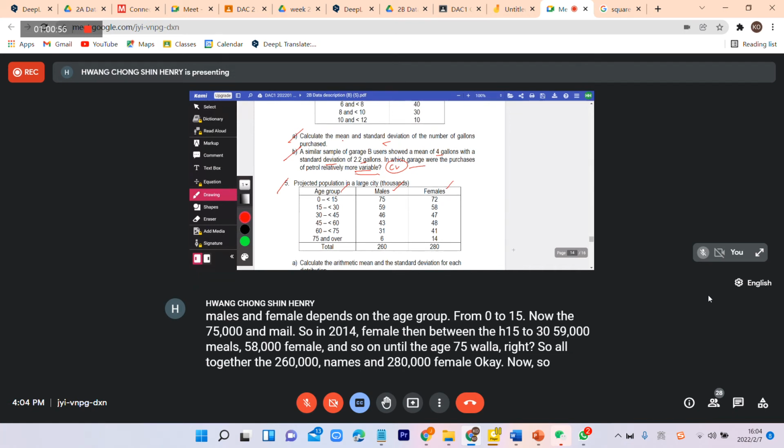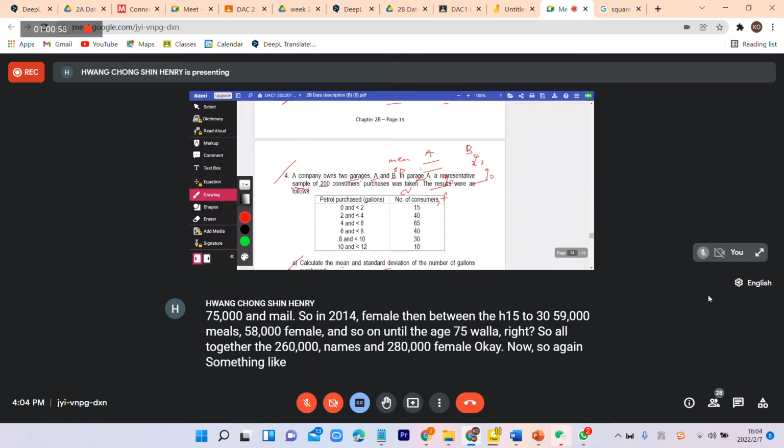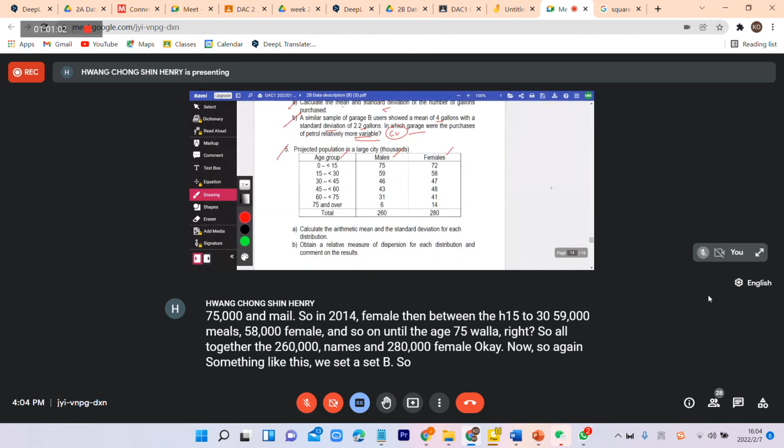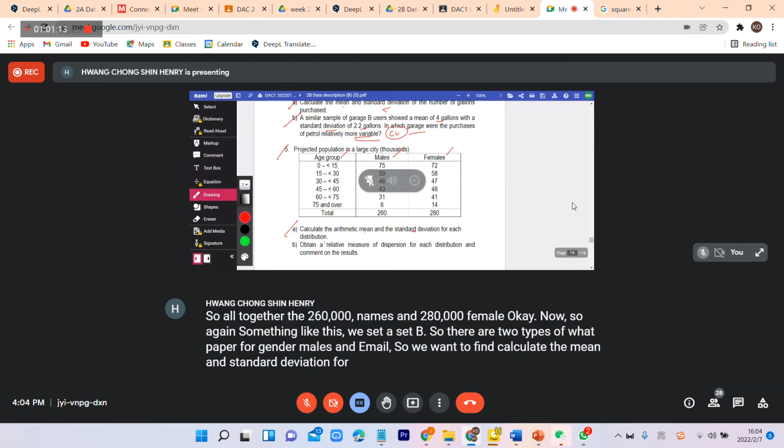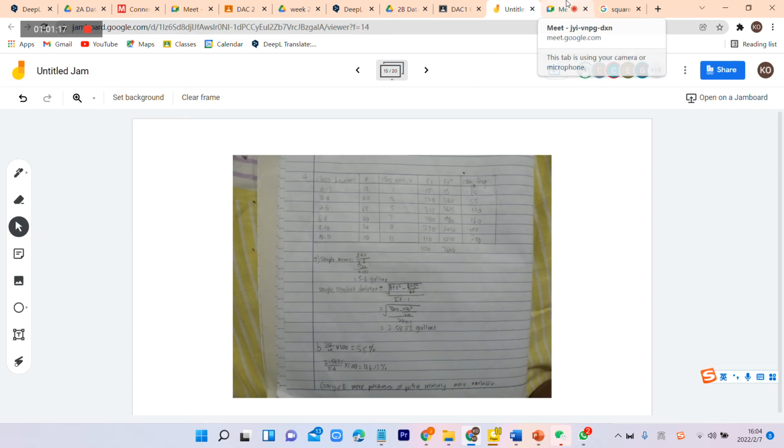Okay, now again, something like this: garage A, garage B, set A, set B. So there are two types of data for gender, males and females. We want to calculate the mean and standard deviation for each distribution. Means for each what? Gender.